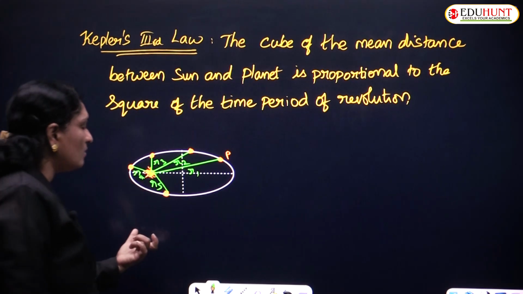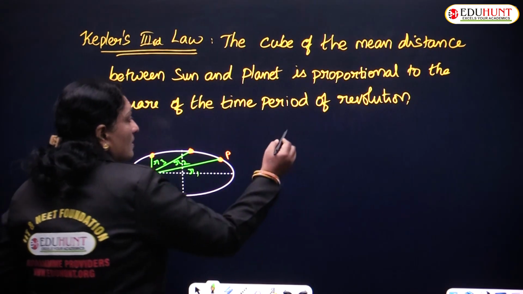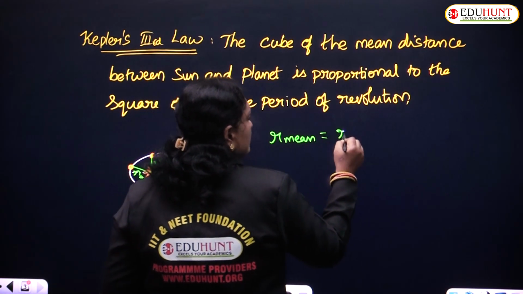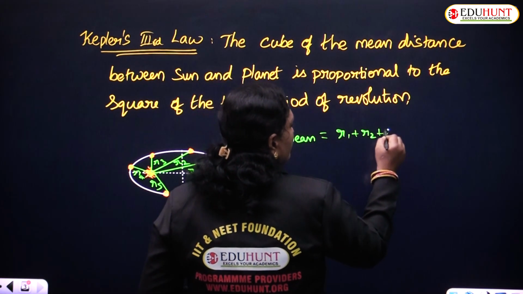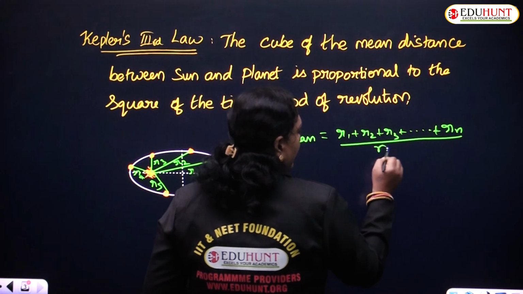So how to find out the value of R mean? The mean value of R is taken as R1 plus R2 plus R3 plus so on, up to Rn, upon n.